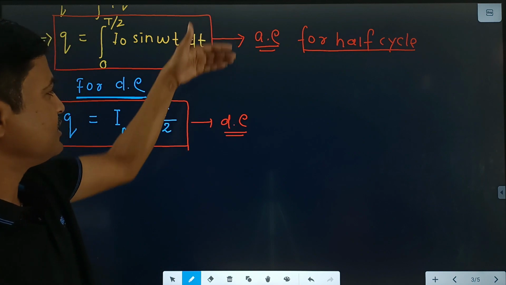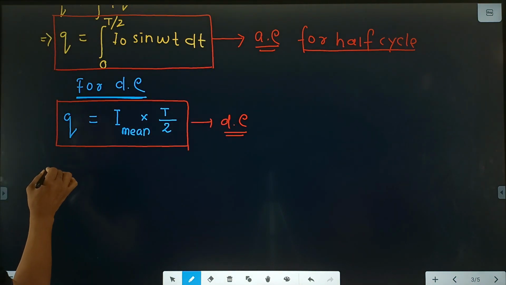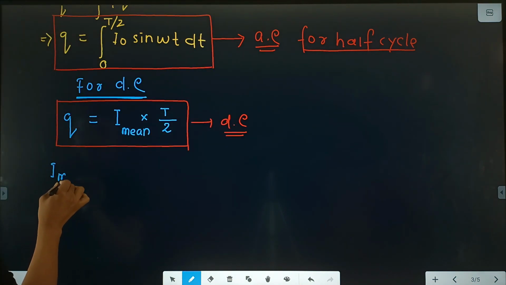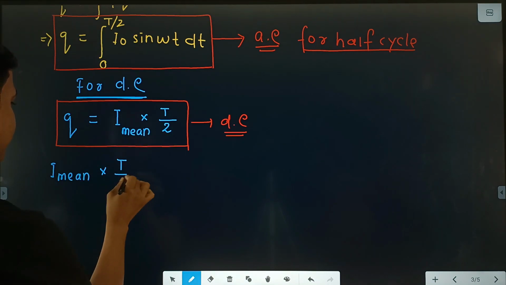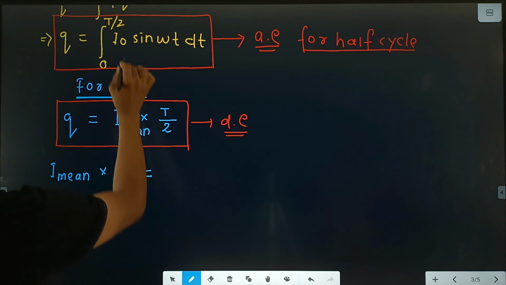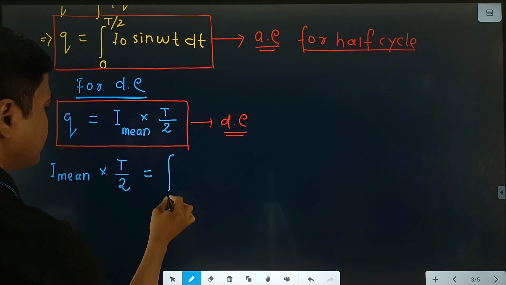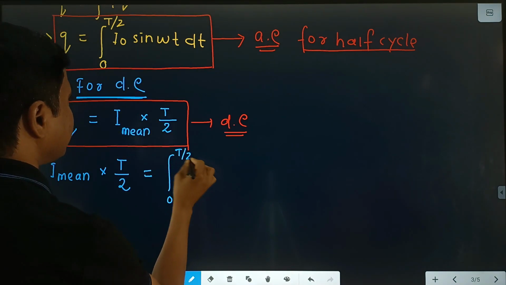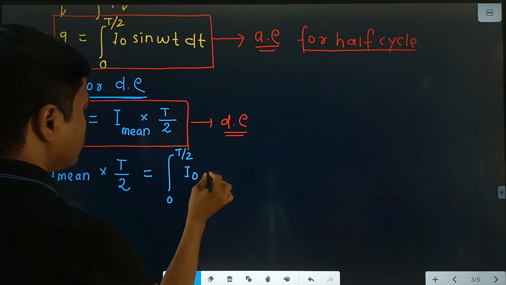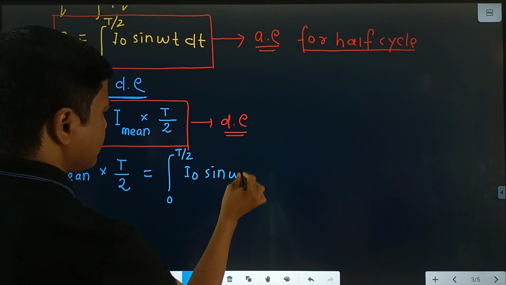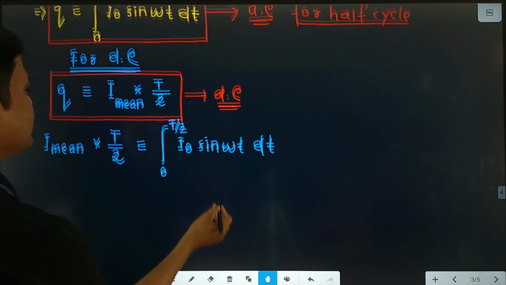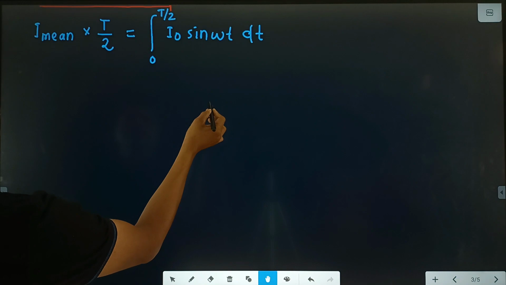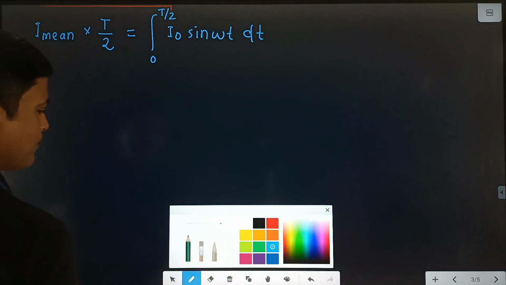Then from these two equations we write I mean multiplied by T/2 is equal to the integration from 0 to T/2 of I0 sin omega t dt, and from this equation we will calculate the mean value.